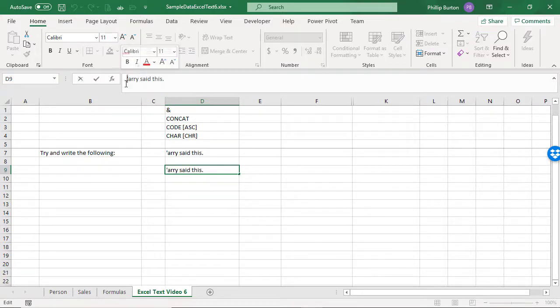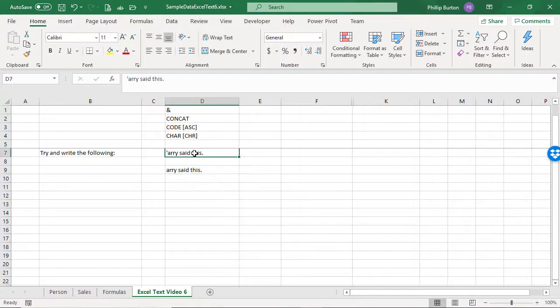So because you have got an apostrophe, it's going to say, right, the rest of this is text, but it's not going to display the apostrophe because the apostrophe, according to Excel, just denotes that the rest of the cell is text. So how could you actually write 'Arry said this?